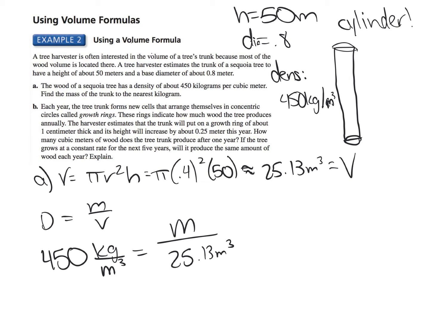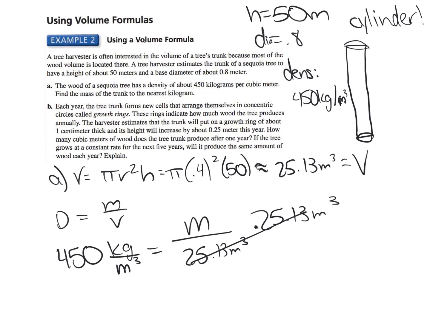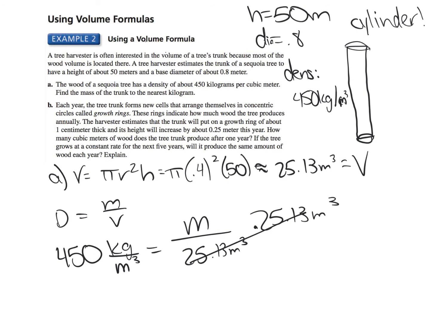When we multiply both sides by 25.13 meters cubed, it cancels on that one side. Then the meters cubed cancel, and you are left solely with kilograms.